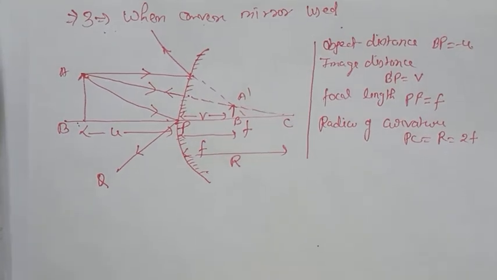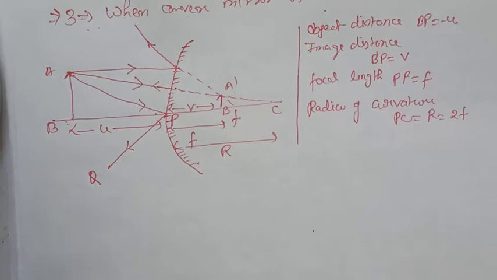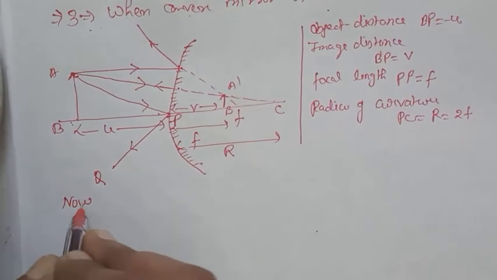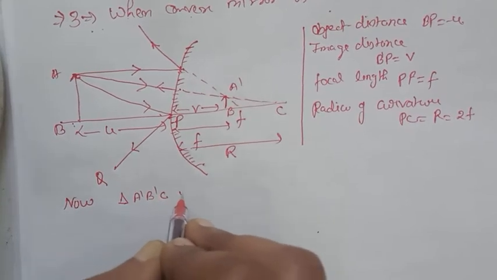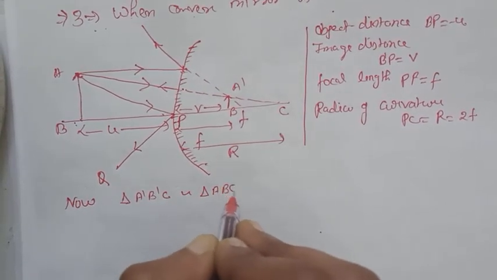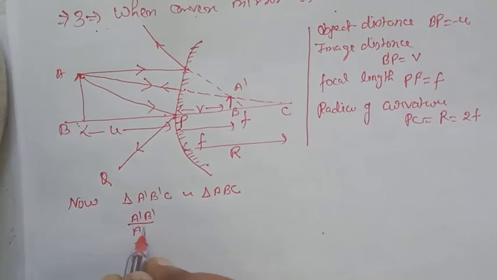Now again we take a ratio of their heights in similar triangles. Taking triangle A dash B dash C similar to triangle ABC, the ratio of A dash B dash divided by AB.